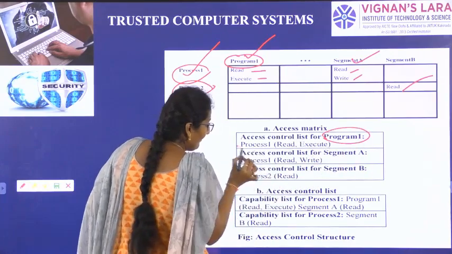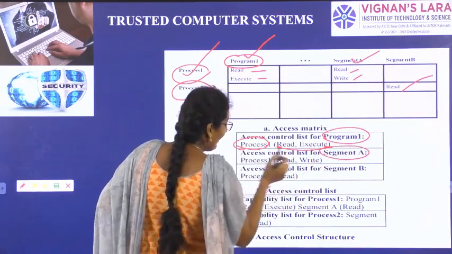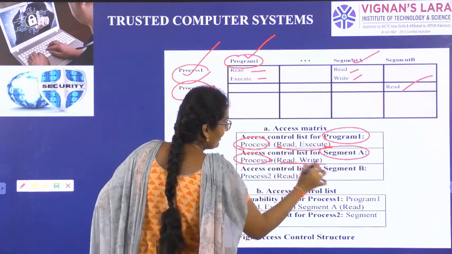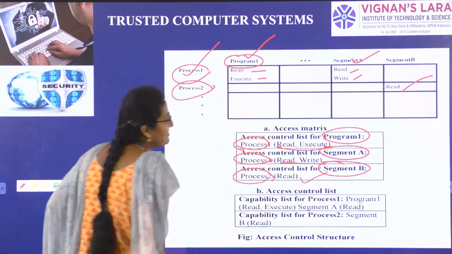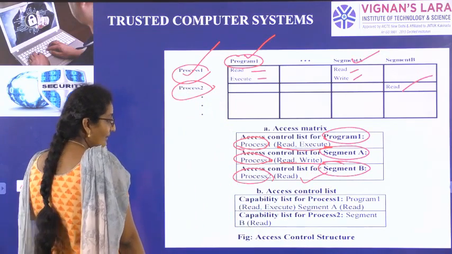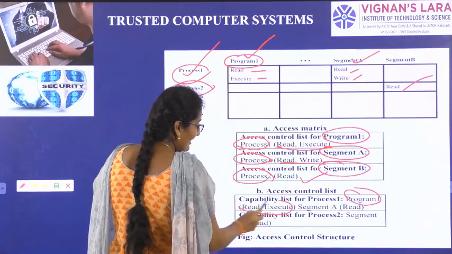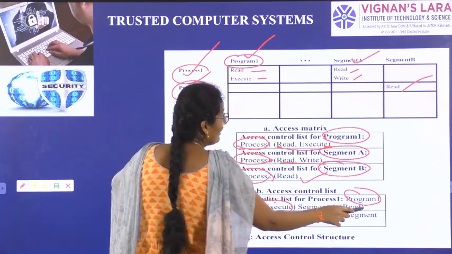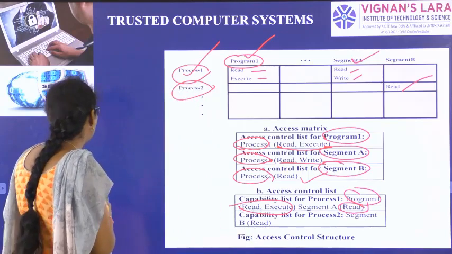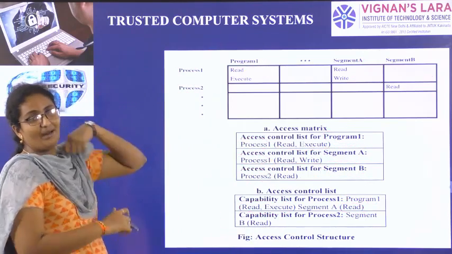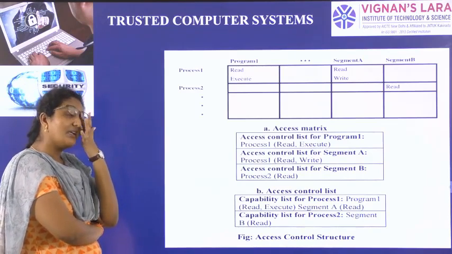Program 1, process 1, read and execute. Segment A, process 1, read and write. Segment B, process 2, read. This is the matrix. Program 1 has read and execute, in segment A read and write, and in segment B read. This is how it works. So trusted computers came into the picture to give high security.